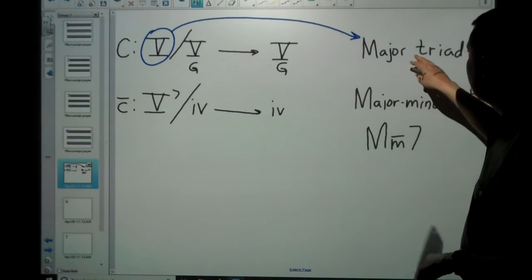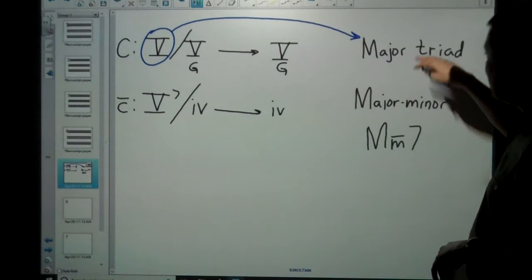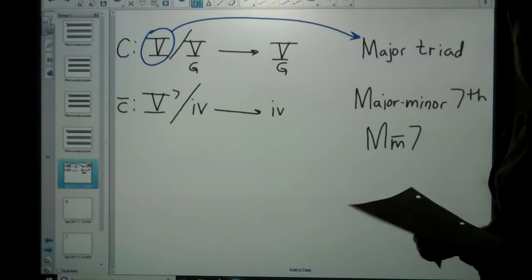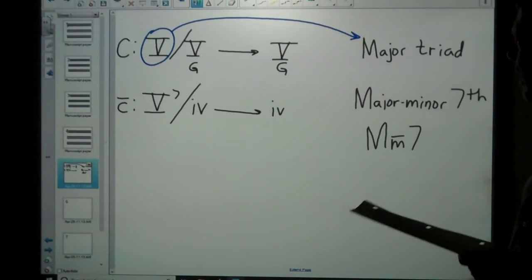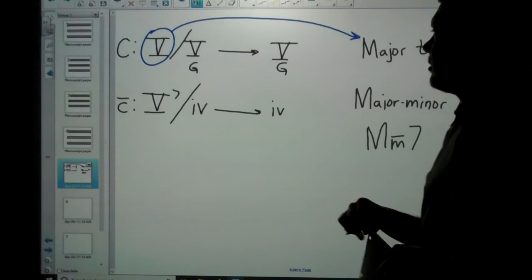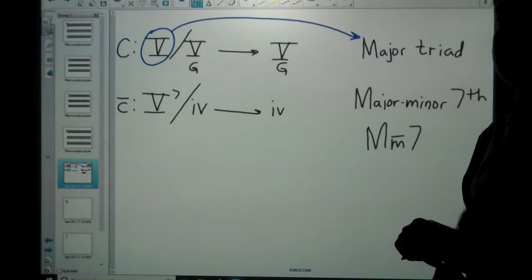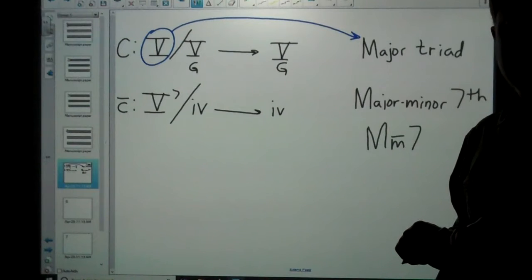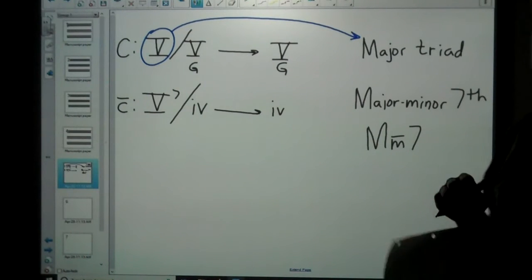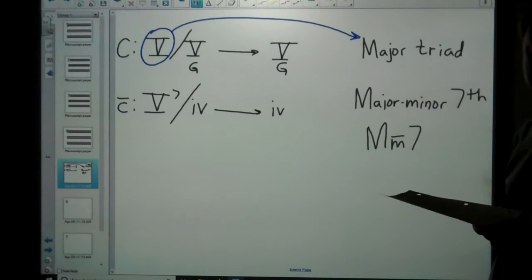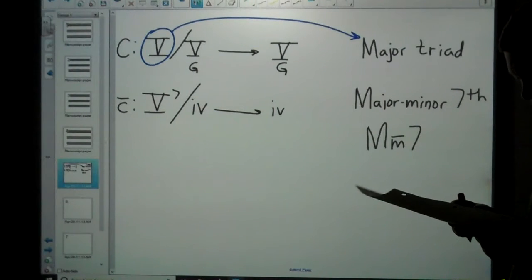As long as you're making your final chord answer a major triad or a major minor seventh chord, you should be fine. And because they have accidentals, of course, these chords are considered to be chromatic chords as well. That's why they are chromatic chords, because 98% of them contain accidentals.